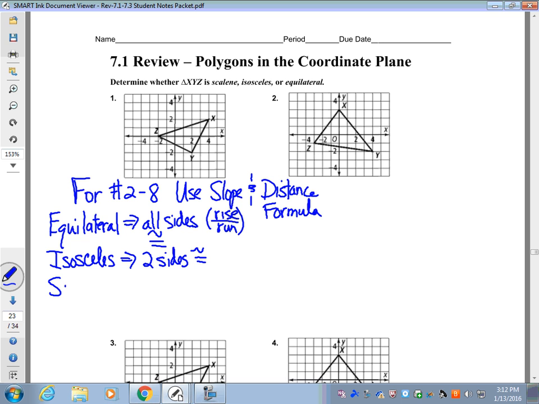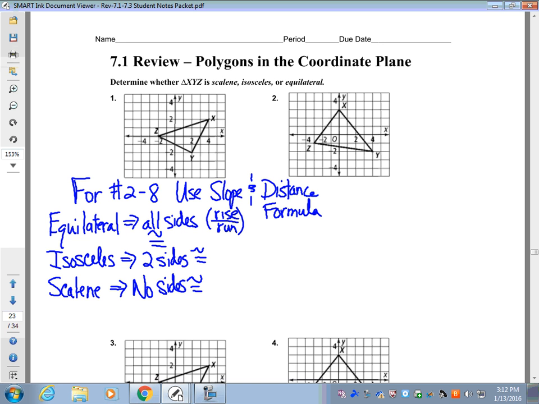And if it's scalene, no sides congruent. Alright, so make sure you know each type, okay?